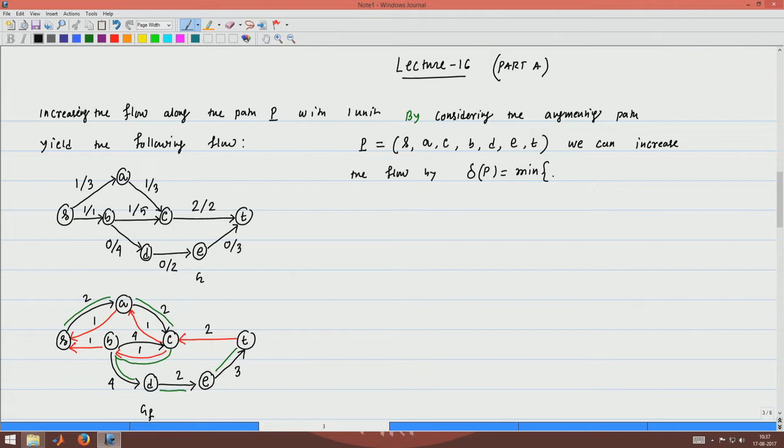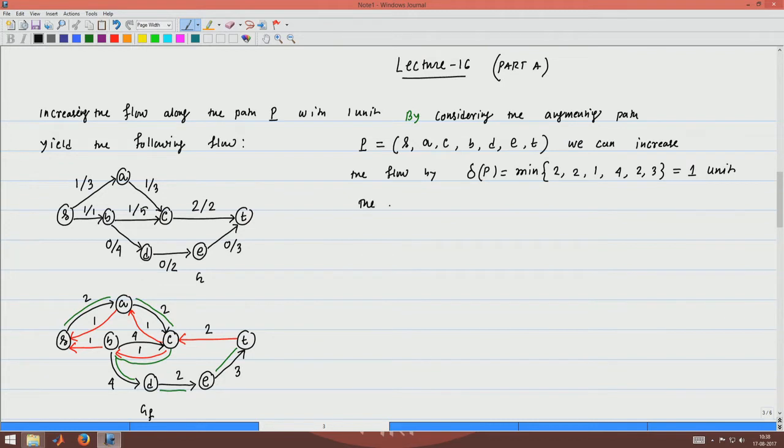This is the minimum of 2, 2, 1, 4, 2, 3, which is equal to 1. So we can increase the flow by 1 unit because the capacity of this path is 1 unit.